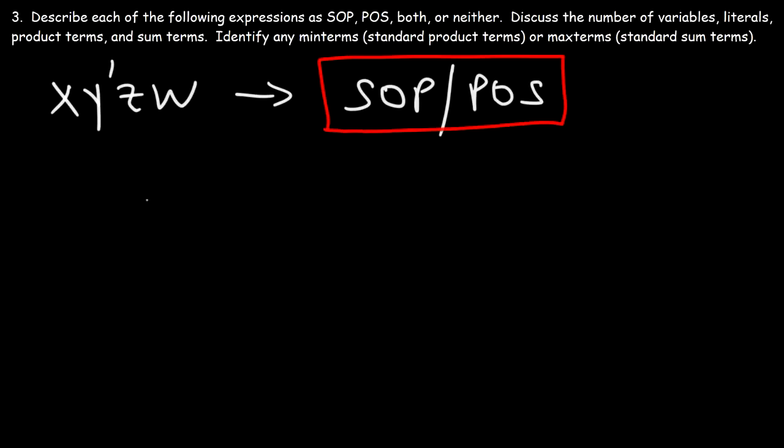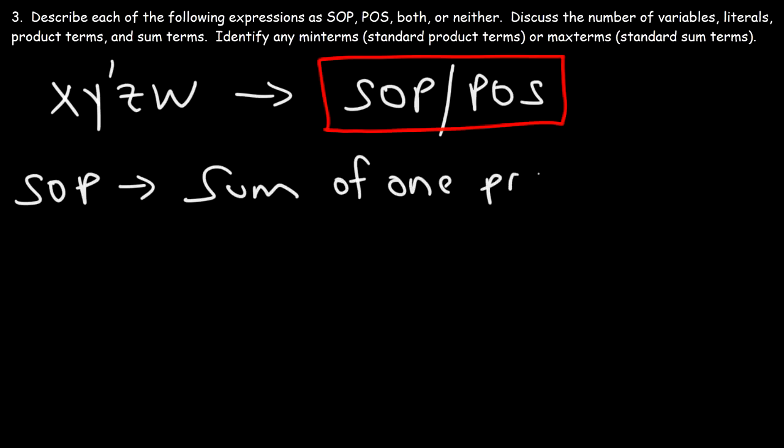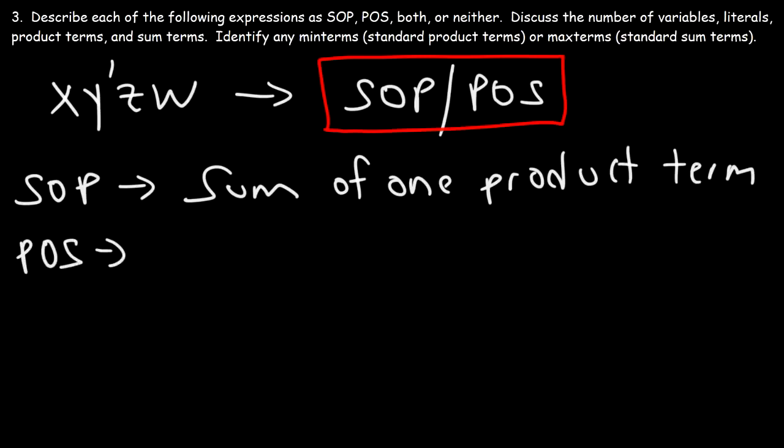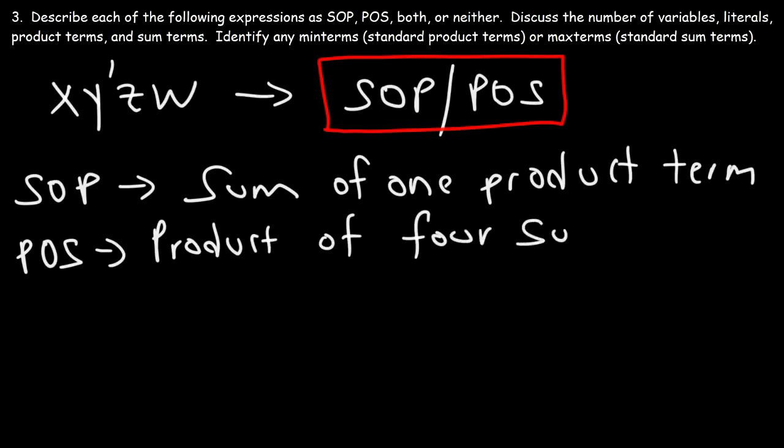In terms of SOP, we could say that this is the sum of one product term. In the case of a POS expression, you can also describe it as the product of 4 sum terms.